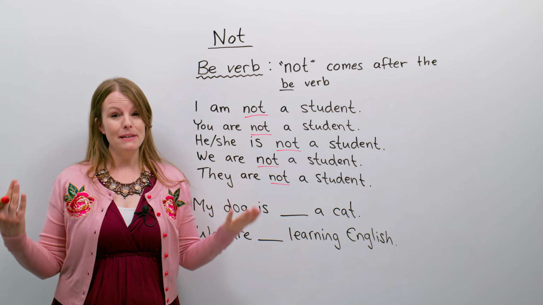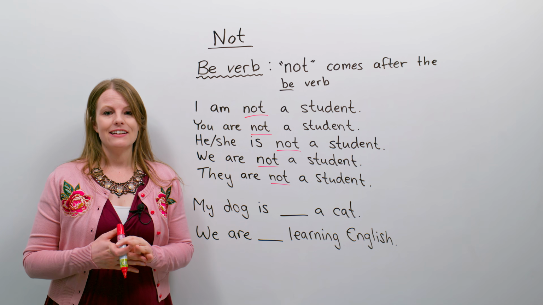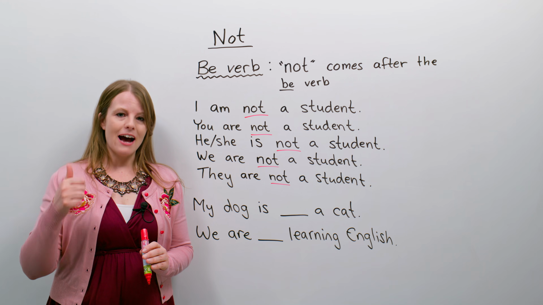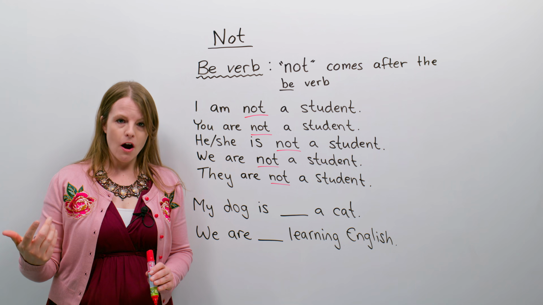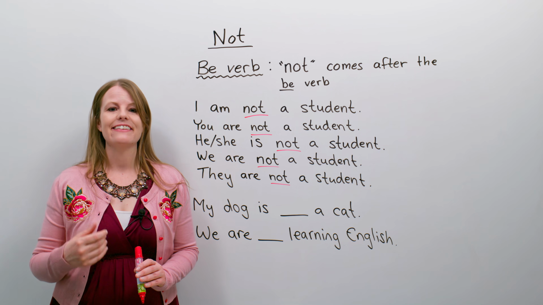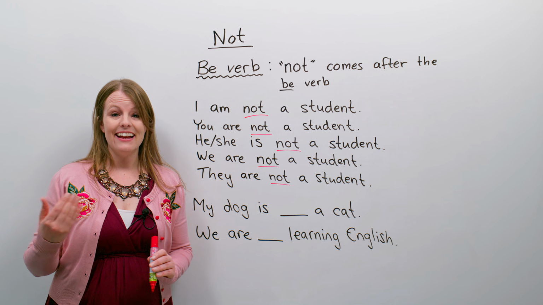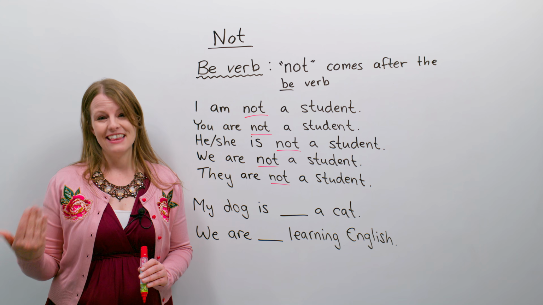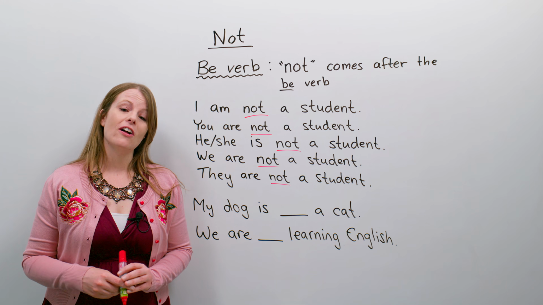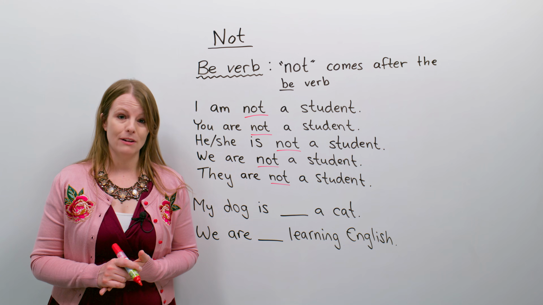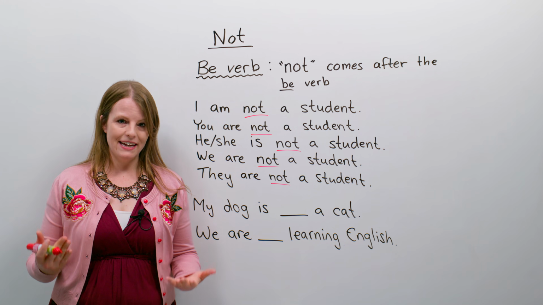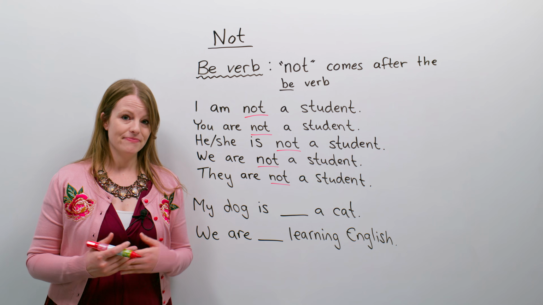When I say the be verb, I mean when we say I am, you are, he is, she is, we are, they are. These are all examples of sentences with the be verb when it's been conjugated.